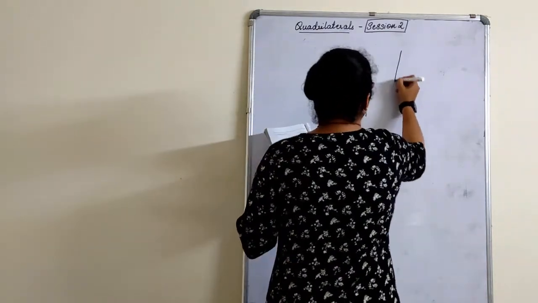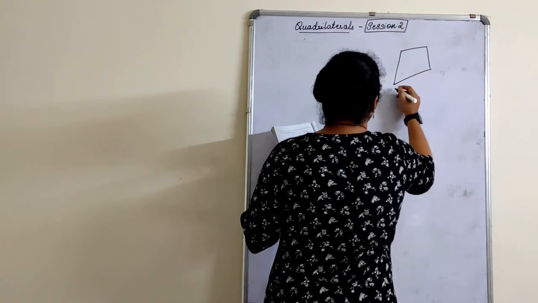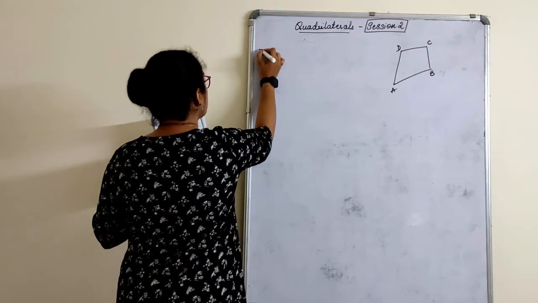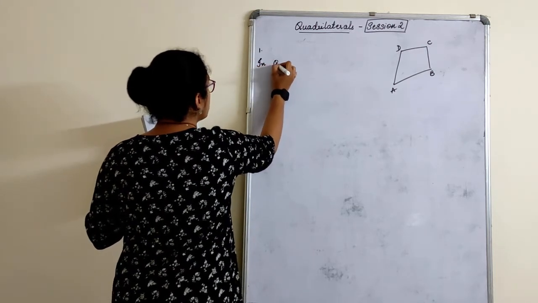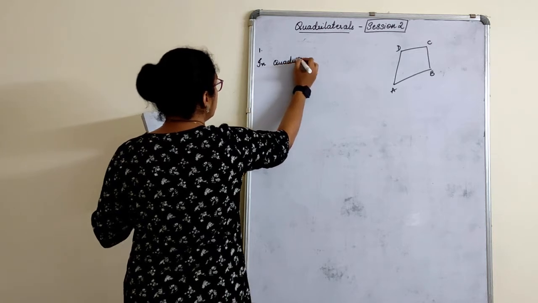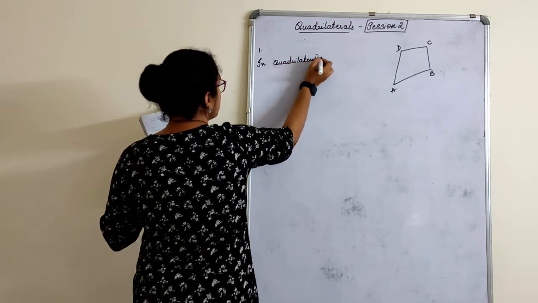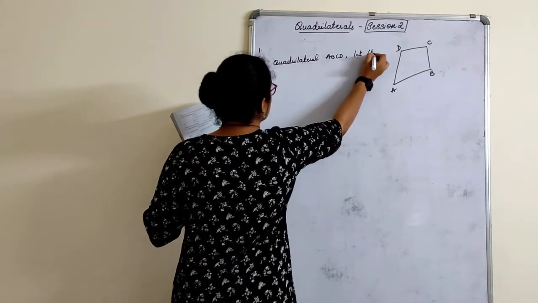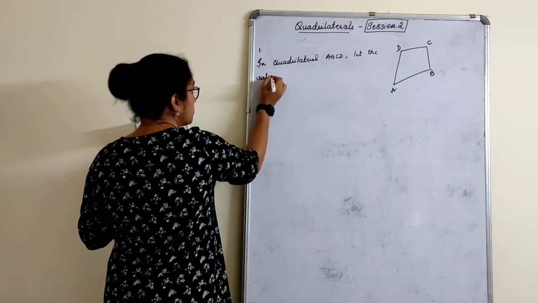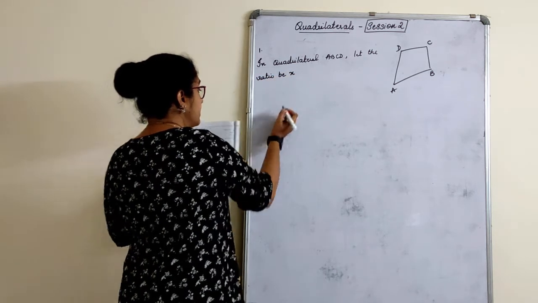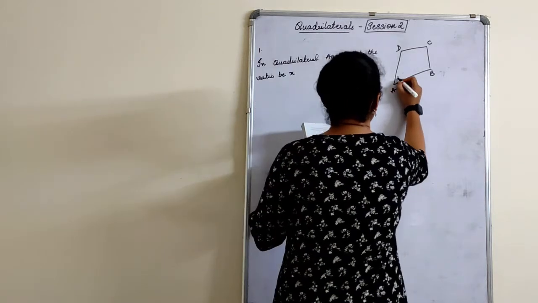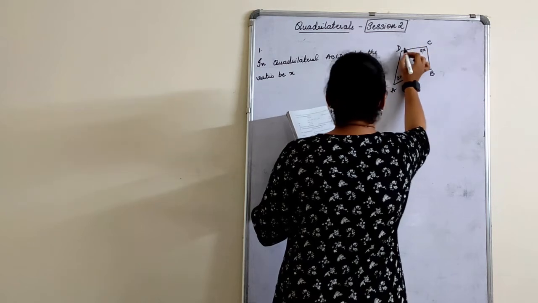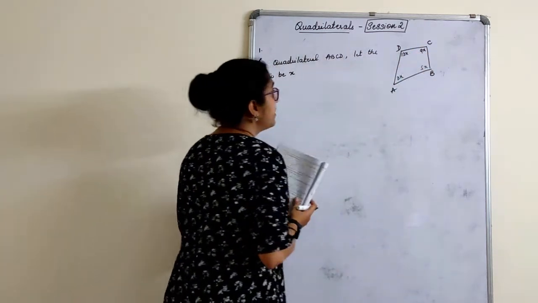So, let ABCD be the quadrilateral, and let the ratio be x. I can consider the angles as 3x, 5x, 9x and 13x, right?